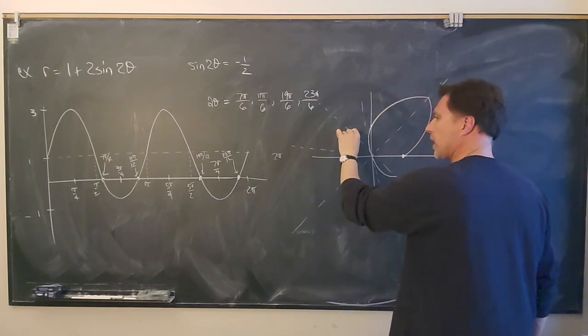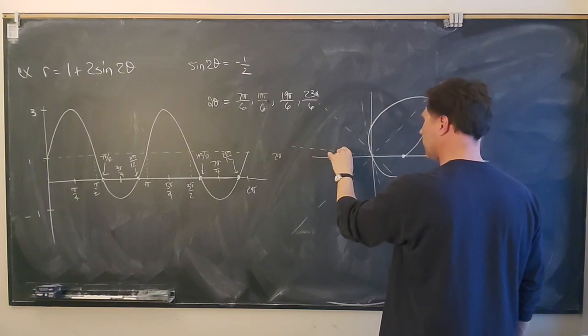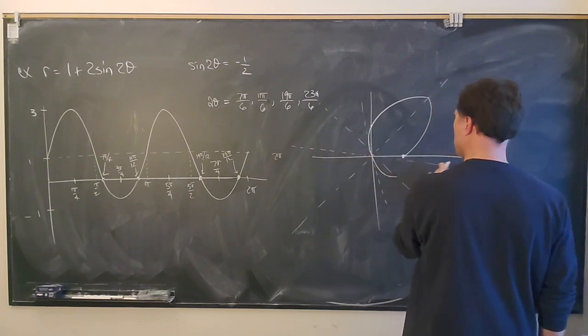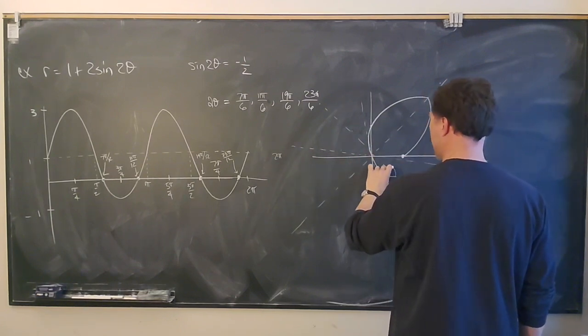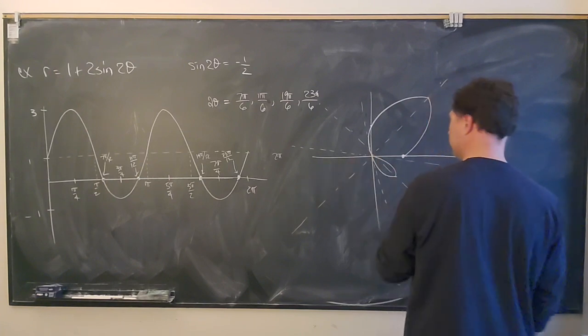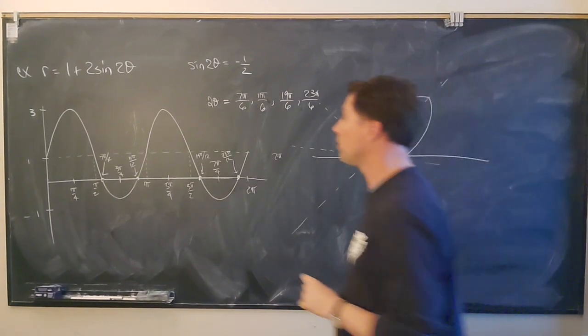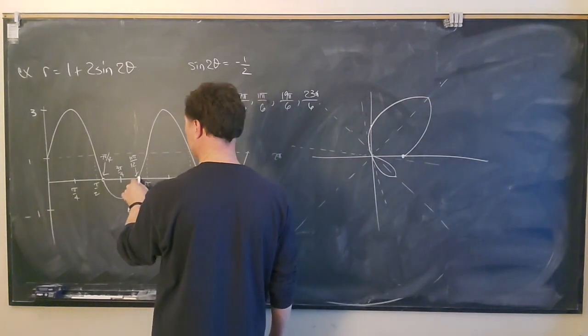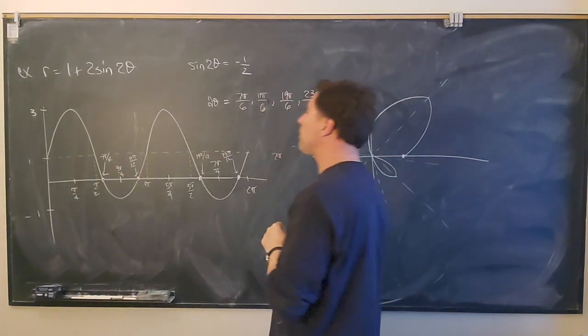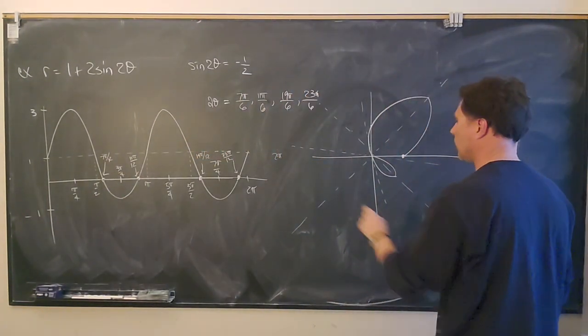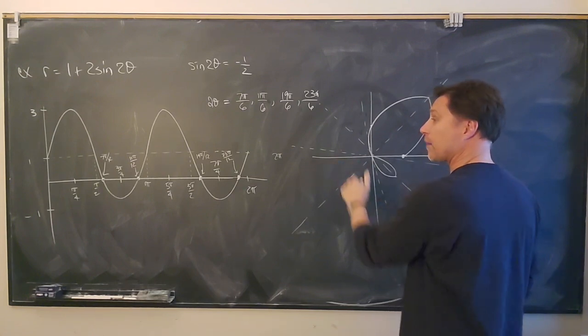Right, so from 3 pi over 4 to 11 pi over 12, we're going back to 0. So we go from 1 to 0 right here. Then from 11 pi over 12 to pi, which is this portion right here, now we've got a positive angle.